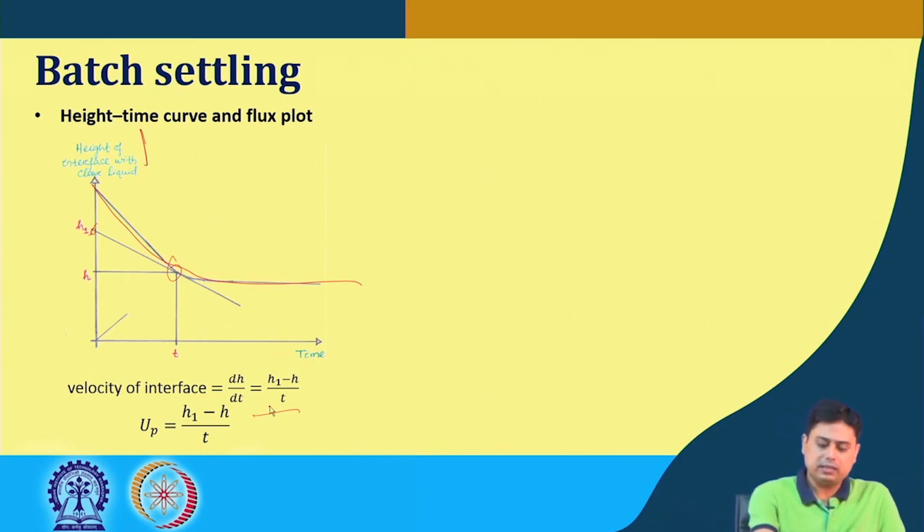Now, this interface velocity is also the particle velocity at the interface relative to the wall, which means we can write that up equals h1 minus h by t.